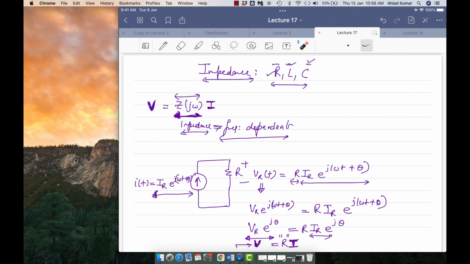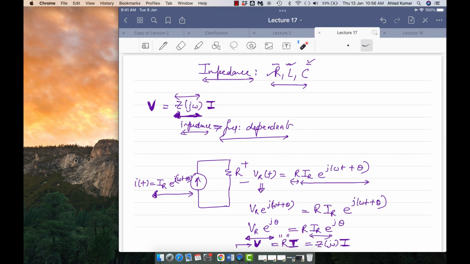So what can you say about the resistor? Is it dependent upon the frequency or not? It's not dependent, right? So this is Z(jω) times bold I, but you can see that resistance is not dependent upon the frequency, it is constant.